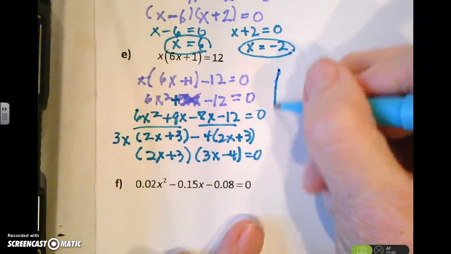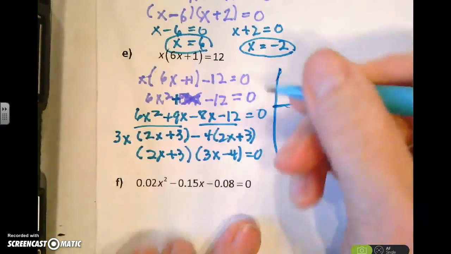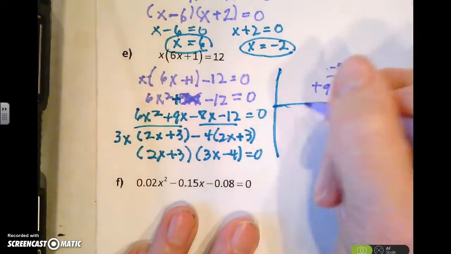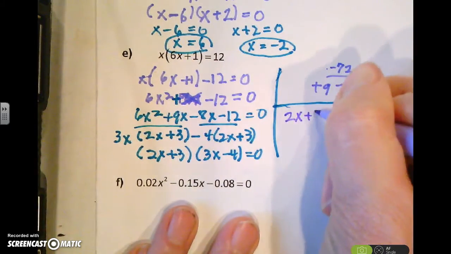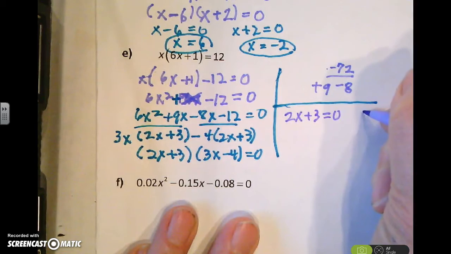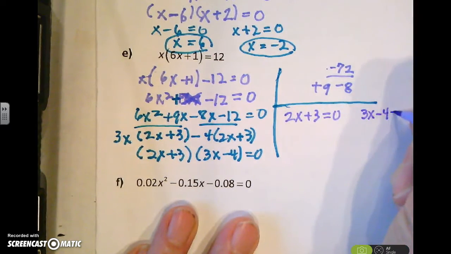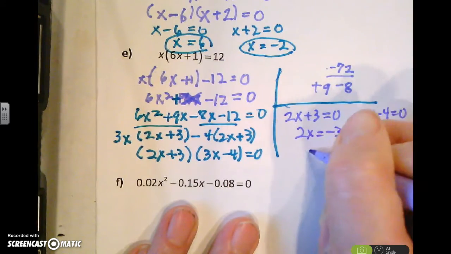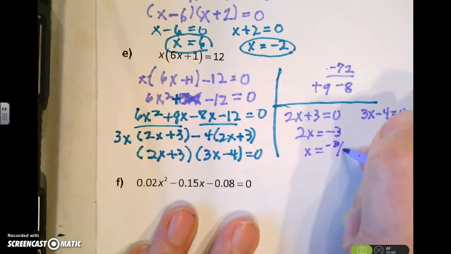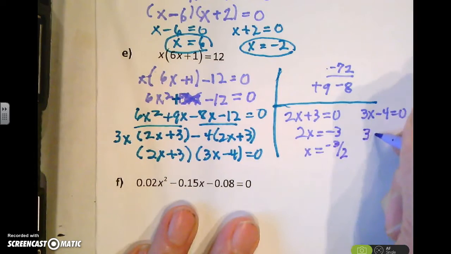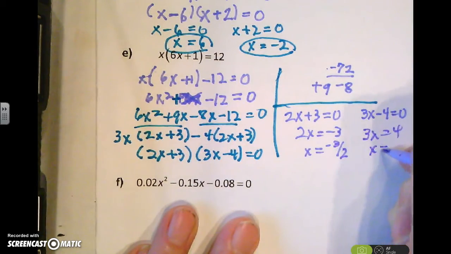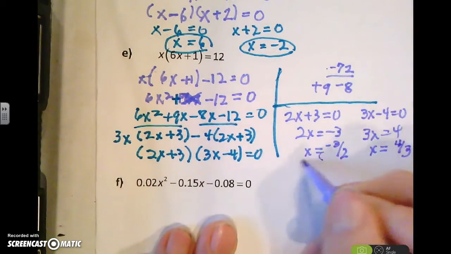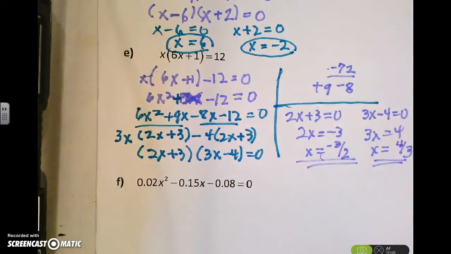So we will then take each of those factors and set them equal to 0. So I have 2x plus 3 is 0 and 3x minus 4 is 0. So that's 2x is negative 3 and x is negative 3/2. 3x is 4 and x is equal to 4/3 for my two answers there.